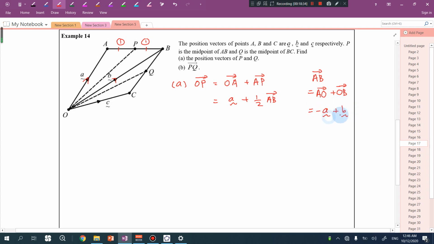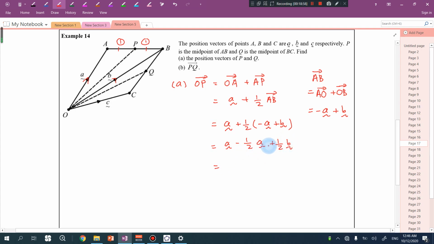Now I transfer this whole thing over here. a plus 1 over 2 AB, which is this. Now you just do some expansion over here. Negative 1 over 2 a plus 1 over 2 b.